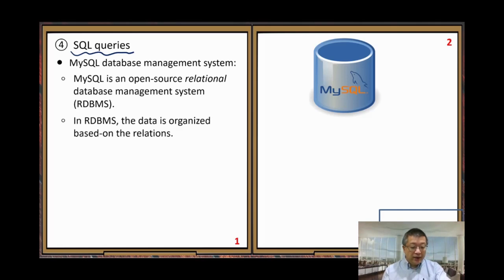In our DBMS, the data is organized based on relations. What do you mean by relations? Basically tables. Same meaning as tables. We arrange data in tables. But there is a very important way to use these tables.